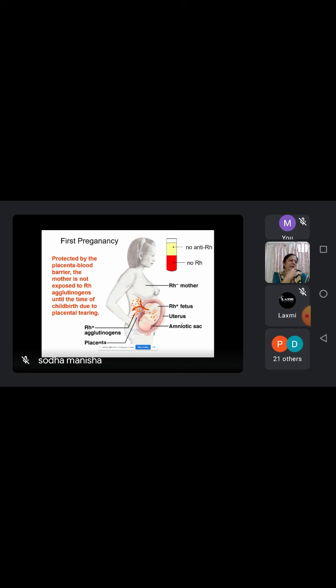Okay, then what happens? In case of an Rh negative mother bearing an Rh positive fetus, anti-Rh antibodies will develop in the mother's blood.